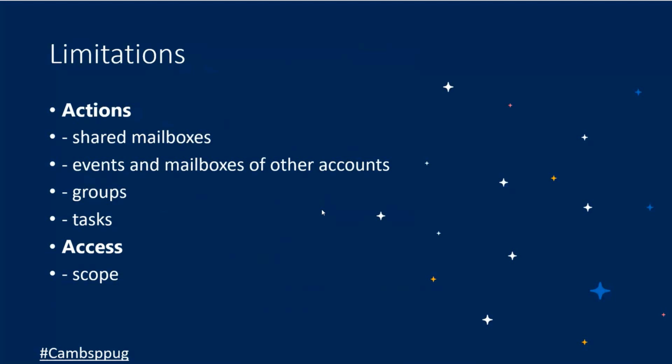Then events and mailboxes of other accounts: you will not be able to get access to other accounts through the out-of-the-box connector. You have to figure out how you will manage this task. Then groups, and some limitations we have with tasks. Also Microsoft 365 applications.